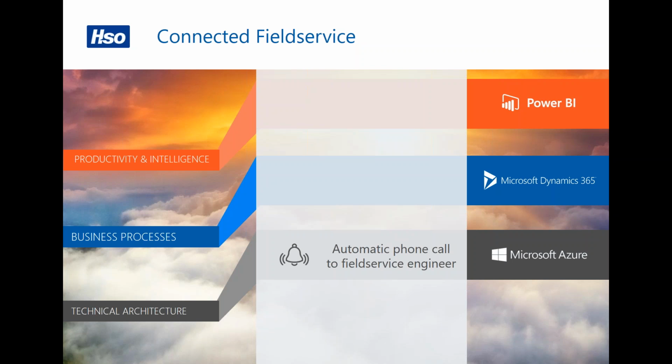The next component used in this process is an automatic phone call or an alarm going off at the field and on the field service engineer's device. This is again a Microsoft Azure service, the Microsoft Azure Notification Hub.